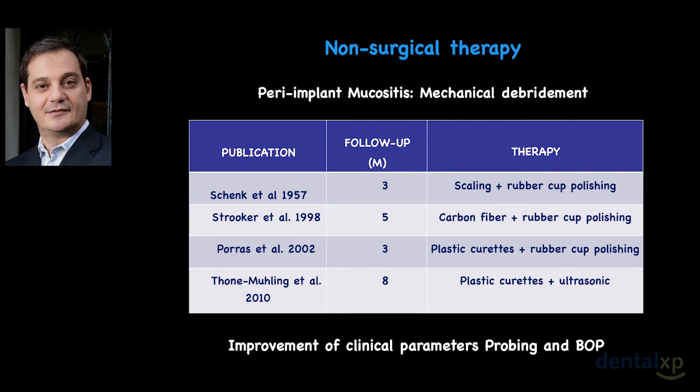If we look at all the studies, you can see the therapies are mainly either scaling, rubber cup polishing, carbon fibers, and all of these to reduce the amount of scratches on the implant. They said in the result, if you look at all of the review, you can see an improvement of clinical parameters, probing and bleeding upon probing. And this is something I mentioned to you, that probing is something we have to be very careful how we take as a guide, as a parameter. The same thing on bleeding upon probing.